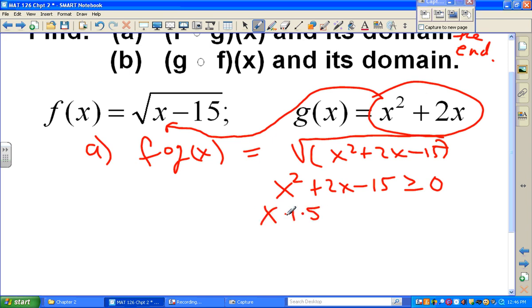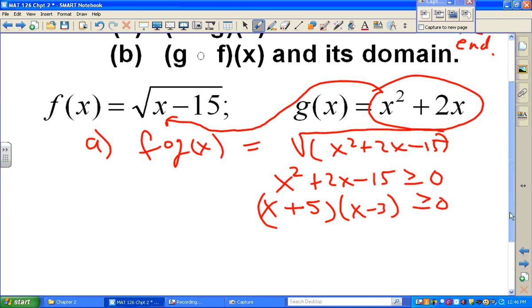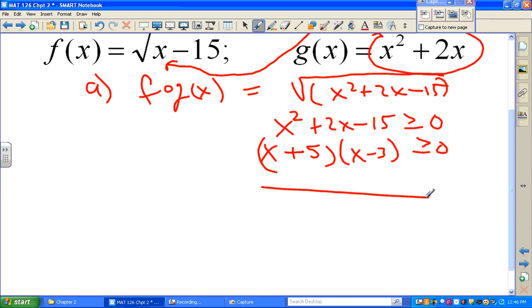x plus 5, x minus 3. What numbers are they? Yeah, negative 5 and 3. You could have got that from the quadratic also, but it doesn't tell you which region you want. If you put in a test point 0, that's a negative region, and these are both positive regions, I believe.